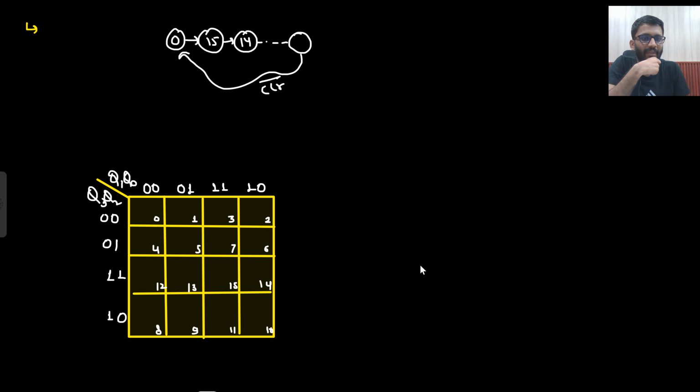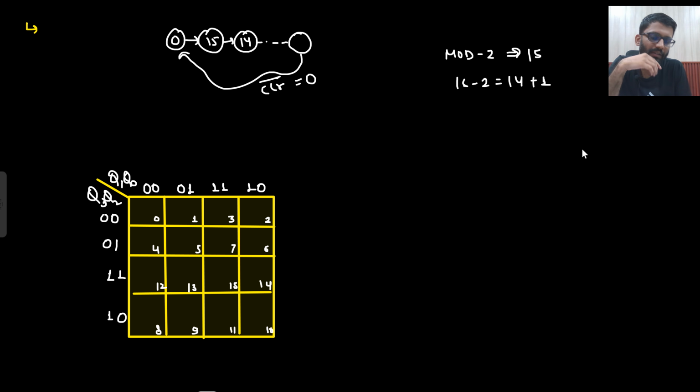So is the trick applicable here? No. This clear bar I want it to be 0. For the rest of them I want it to be 1, and I want clear bar to be 0 when the state that I don't want comes. So which state do I not want? If I was designing mode 2 counter, my final state would have been 15. How would I get it? 16 minus 2 gives 14, plus 1.